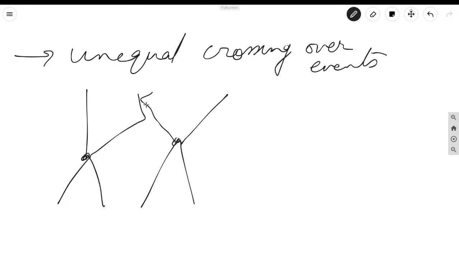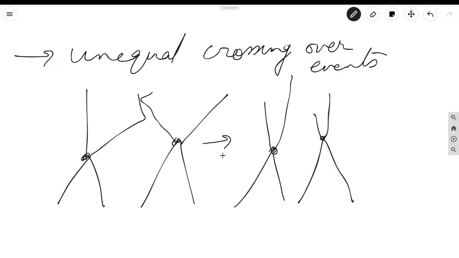So you can have this with a very long segment and this with a shorter segment. So unequal crossing over events may result in these kinds of specific dysfunctions or deformities in the chromosomal type.